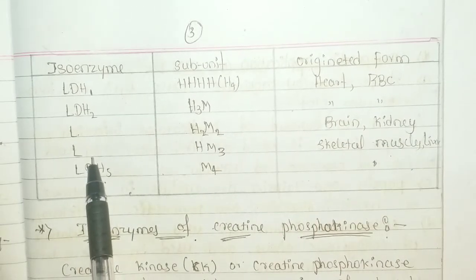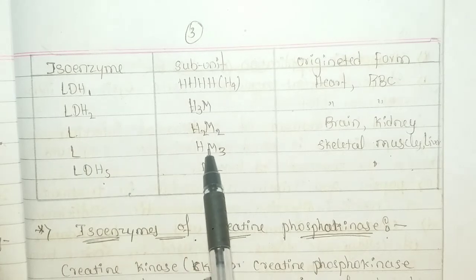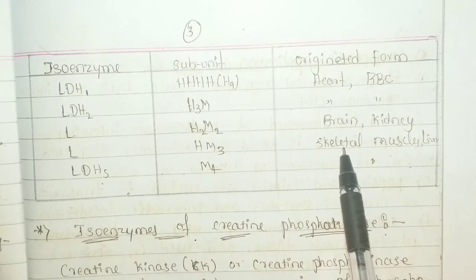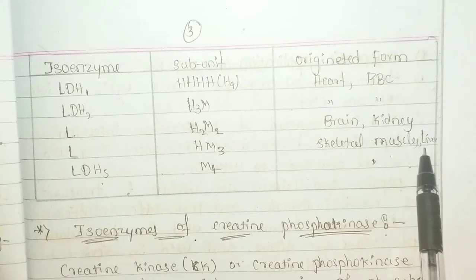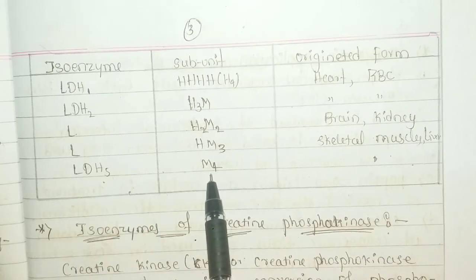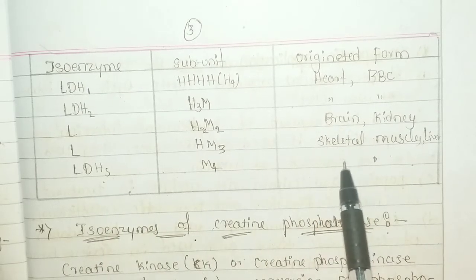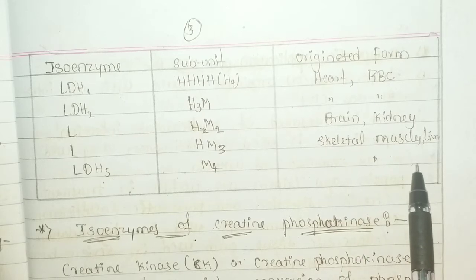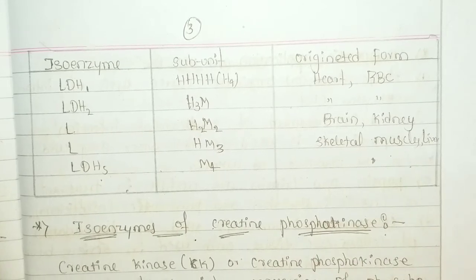The fourth one, LDH4, the subunit is HM3, originated from the skeletal muscles and liver, and the last, LDH5, the subunit is M4, originated from skeletal muscles and liver. This is the first example of isoenzyme, lactate dehydrogenase.